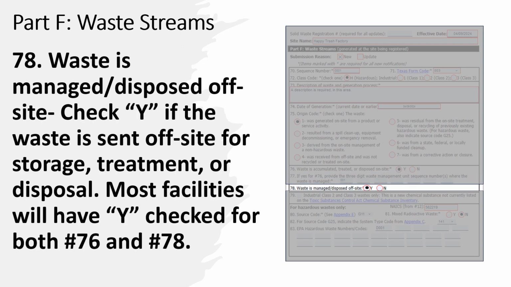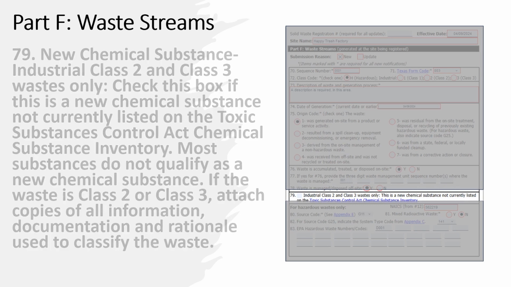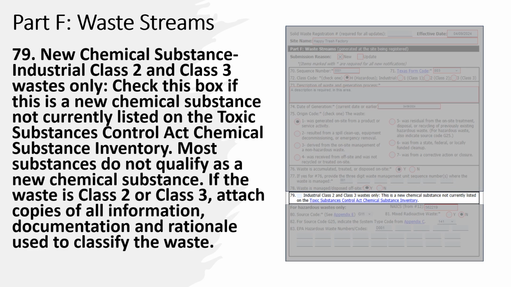Number 78, waste is managed/disposed off-site. Check Y if the waste is sent off for storage, treatment, or disposal. Most facilities will have a Y checked for both number 76 and number 78. Number 79, new chemical substance. Industrial Class 2 and Class 3 waste only.